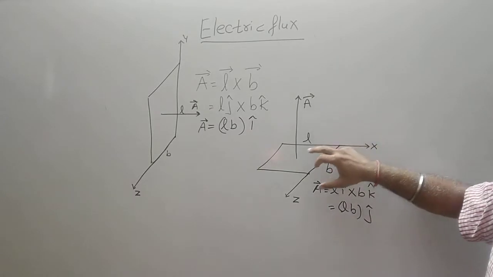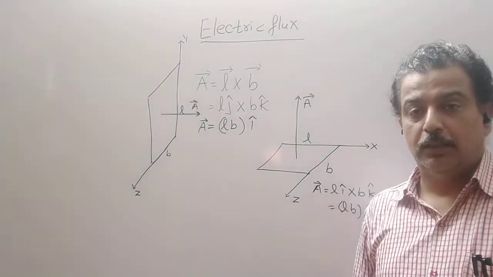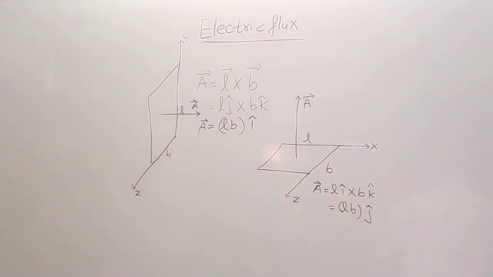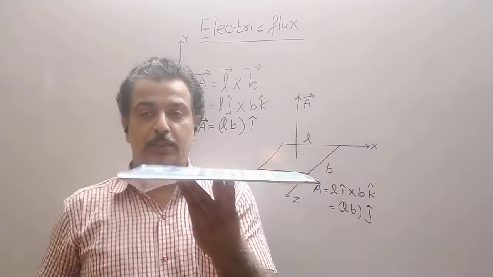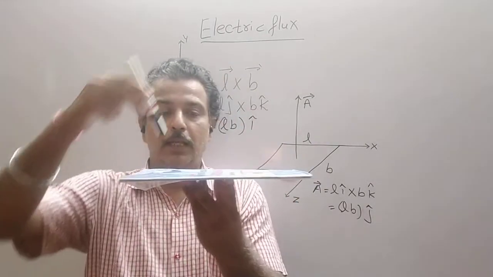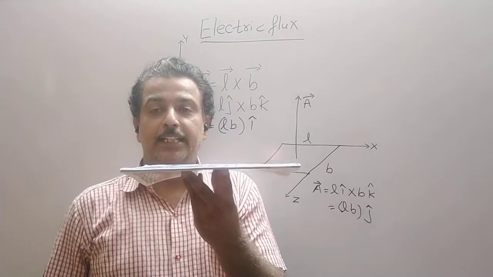Also, both these area vectors are normal to the plane. So if you want to find out the area vector of any plane, the normal to this plane will always give you the area vector.